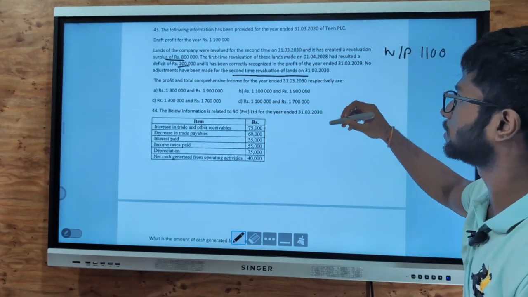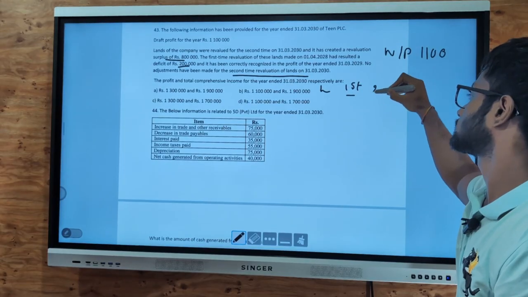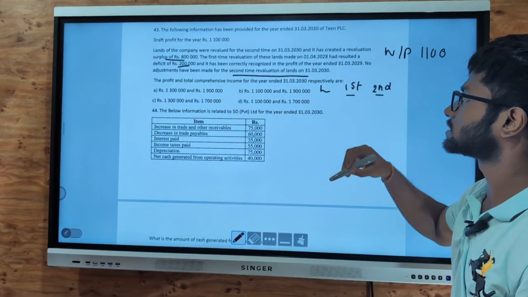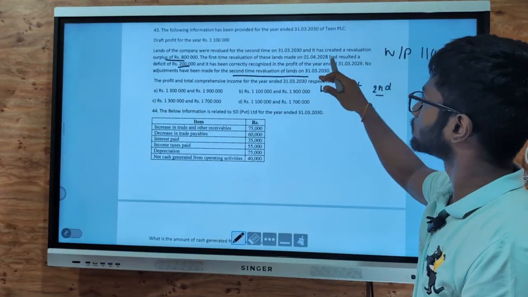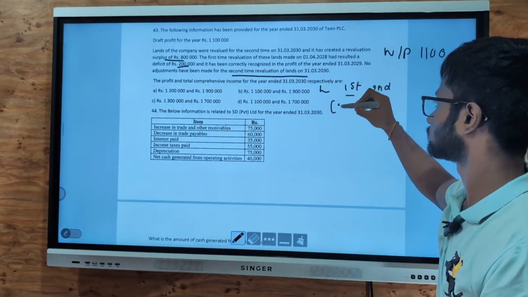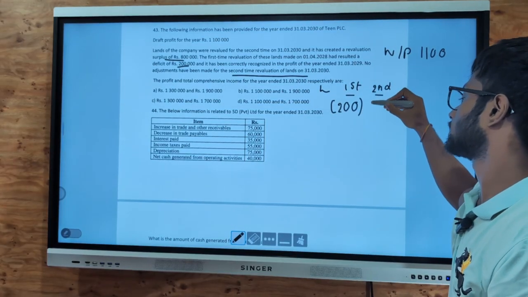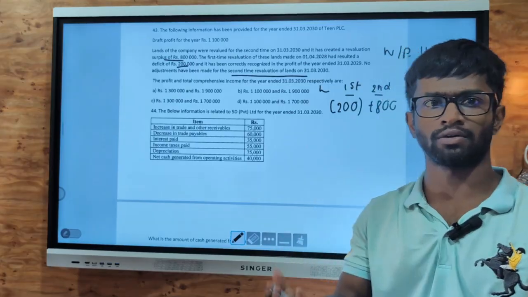Now when it comes to this revaluation of land, first and second. First time we had a loss of 200, but now we are getting a gain of 800. So again we did a similar type of question.